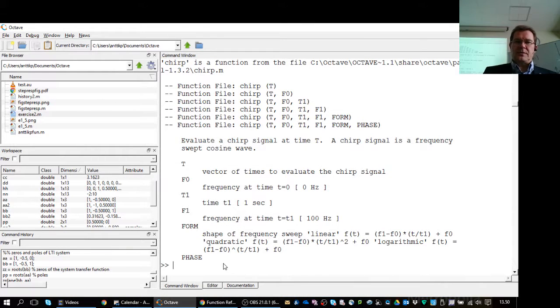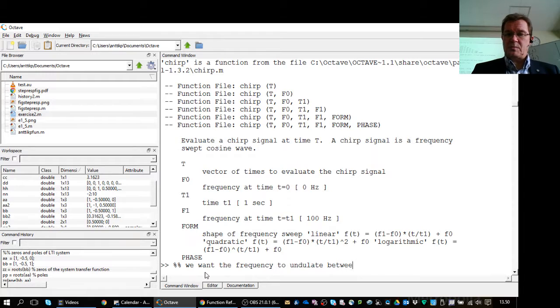All right, so back to another view. So we want the undulation between 500 and 1500 hertz at a rate twice a second.